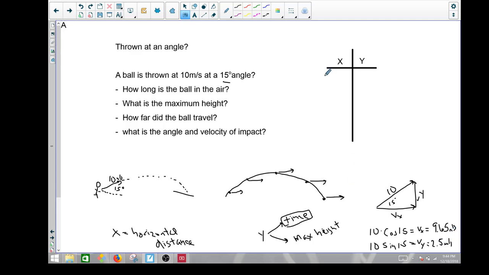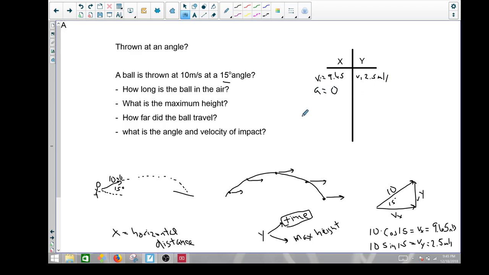Let's put these up here. Initial velocity in the x direction is 9.65, and initial velocity in the y direction is 2.5 meters per second. One more key point: acceleration in the x direction is 0.